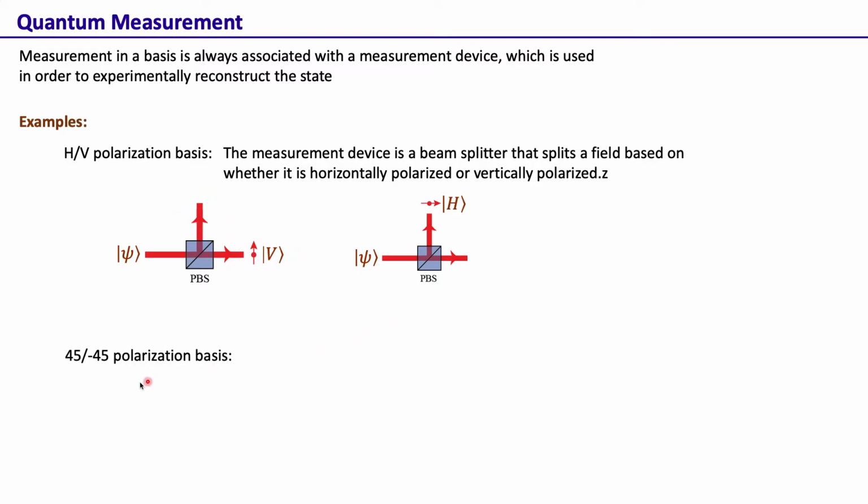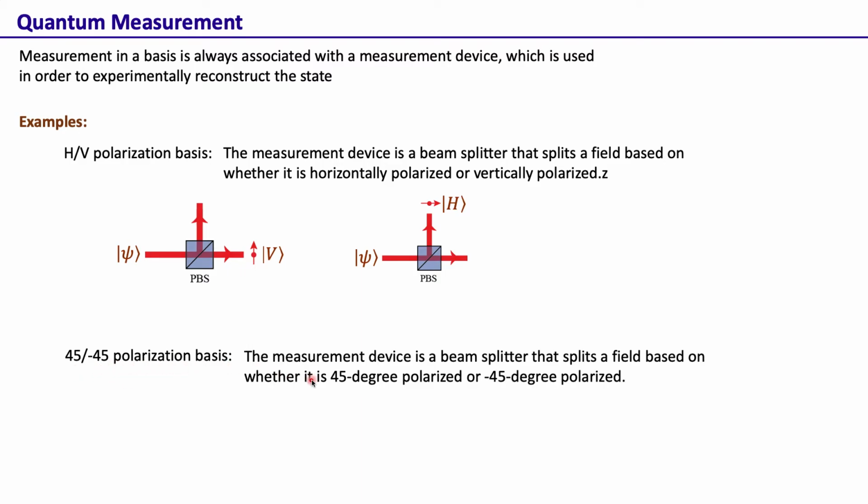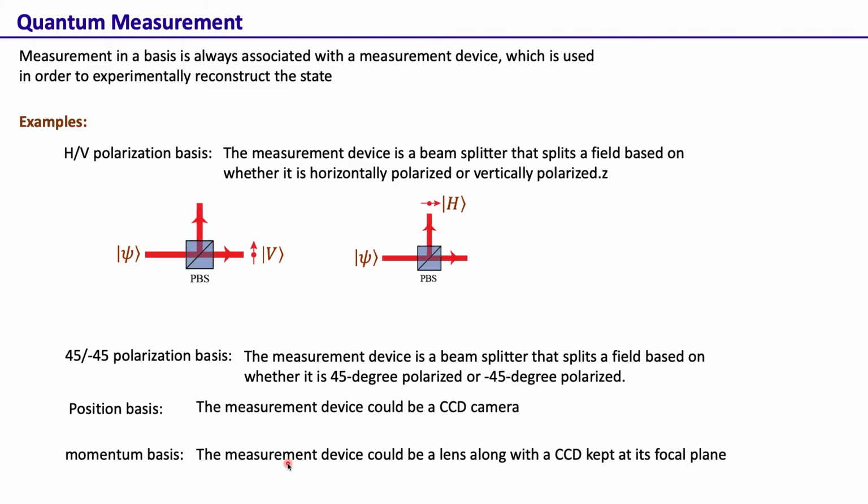Now one can also have the +45/-45 polarization basis, and in that case the measurement device would be a beam splitter that splits a field based on whether it is 45 degree polarized or -45 degree polarized. For position basis, the measurement device could be a CCD camera with each pixel acting as a position location. In a momentum basis, the measurement device can be a lens along with the CCD kept at the focal plane of the lens.